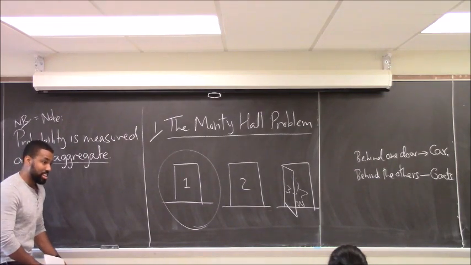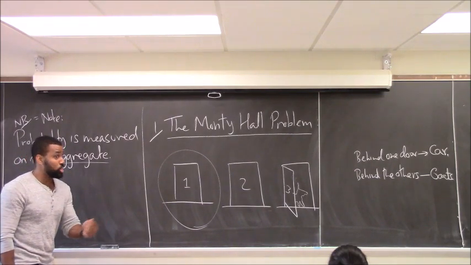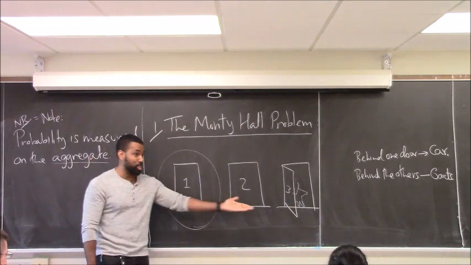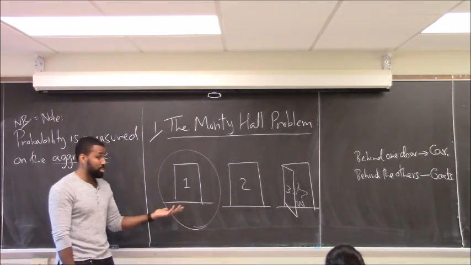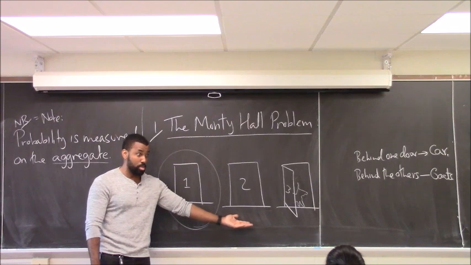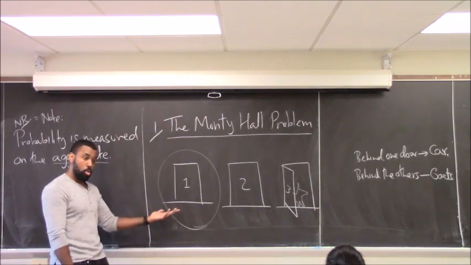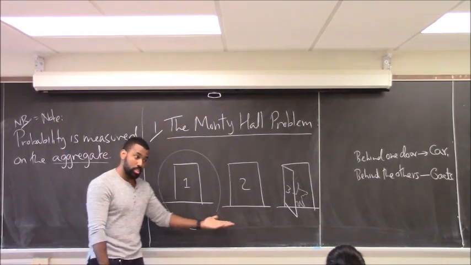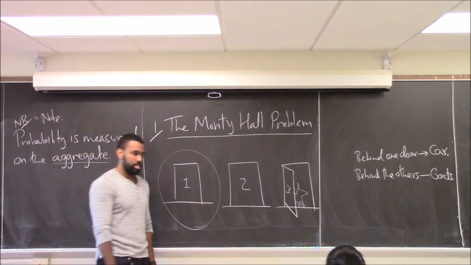And then he says, do you want to switch your answer? I mean, here's a goat right here. You could have picked a goat. Do you want to switch to door number 2, or do you want to stick to door number 1? And the question is, what is the best choice?